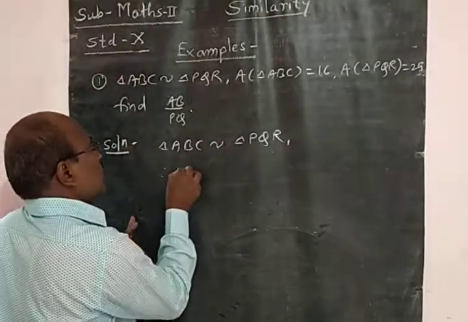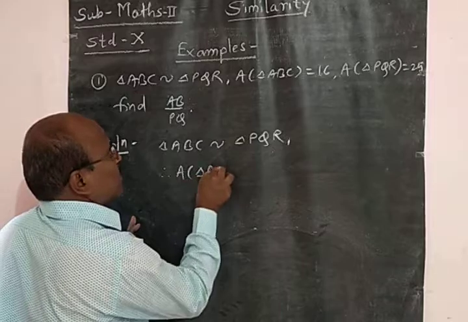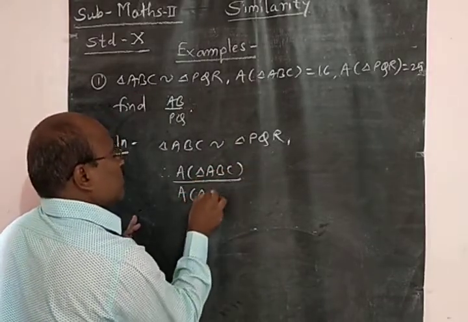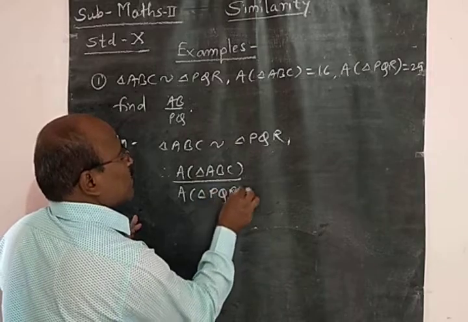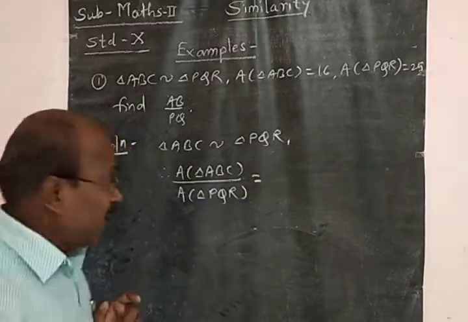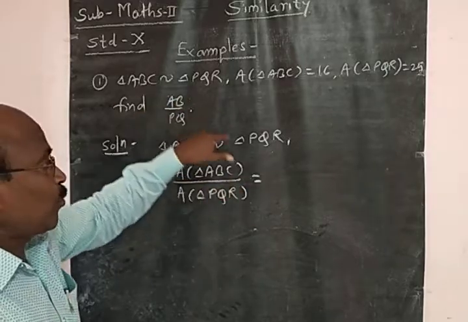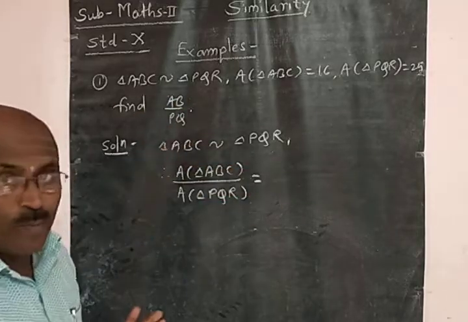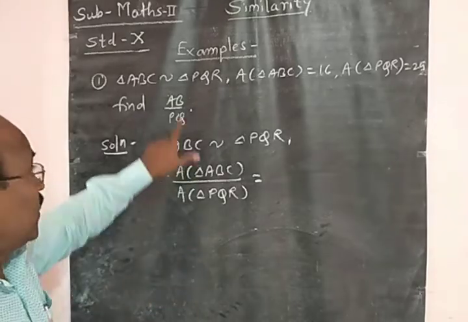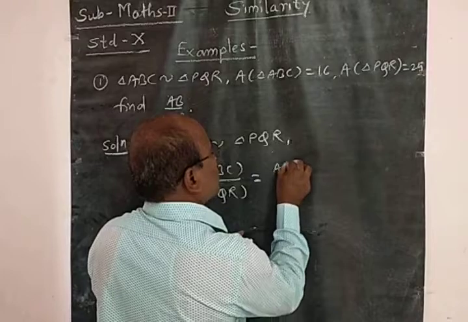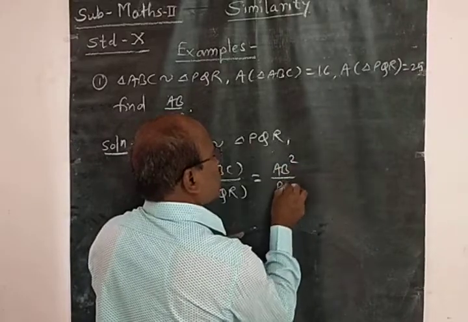So here, therefore, area of triangle ABC divided by area of triangle PQR is equal to, you can write either AB square upon PQ square or BC square upon QR square or AC square upon PR square. But here we have to find AB upon PQ, therefore you can take AB square upon PQ square.